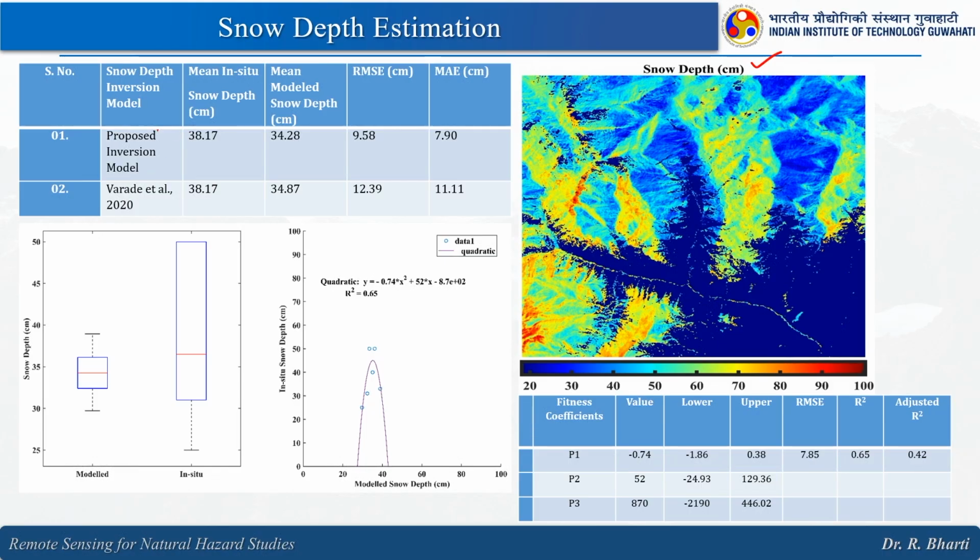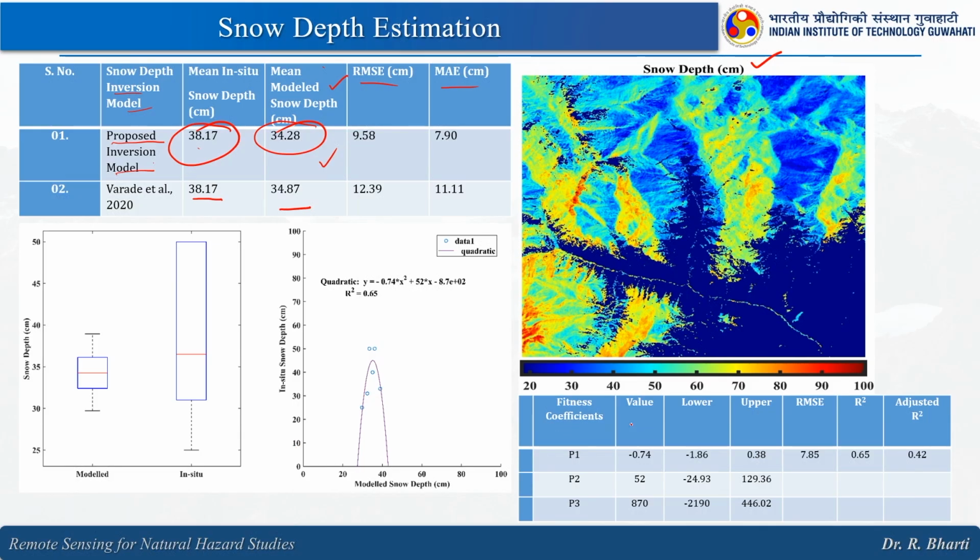So, here you can see the snow depth inversion model which is developed by my group. It has the mean in situ snow depth which is 34.17 and the mean model snow depth that is 34.28, and the RMSE and MAE are given here. Whereas, in the earlier methods you can see the values are in a similar range, but we have better accuracy, right.